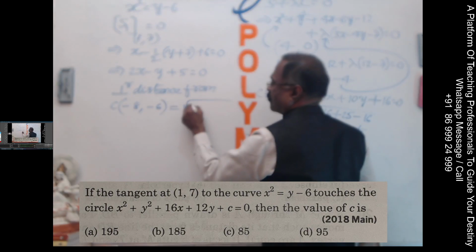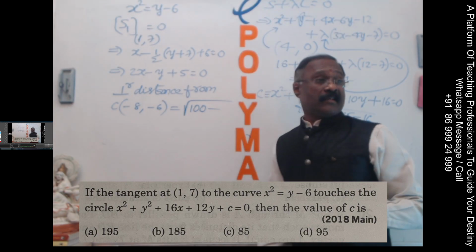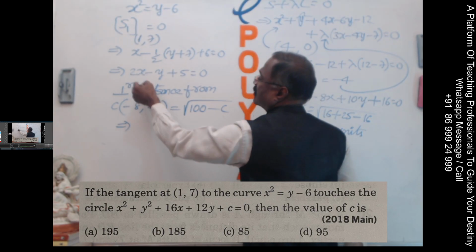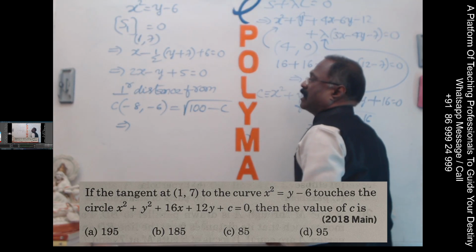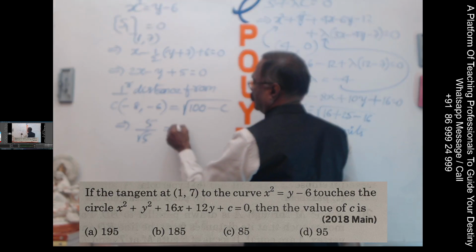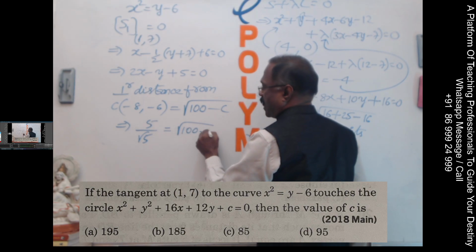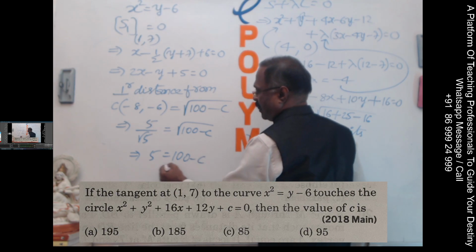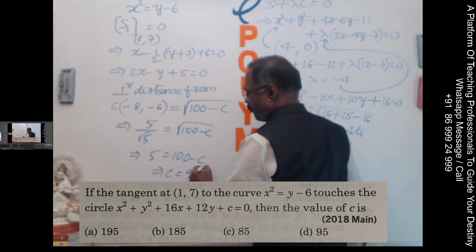Root of 8 squared plus 6 squared minus c, that is root of 100 minus c. So the perpendicular distance, minus 16 plus 6 minus 10 plus 5, that is 5 by root 5, is equal to root of 100 minus c. Square it. 5 is equal to 100 minus c, so c is equal to 95.